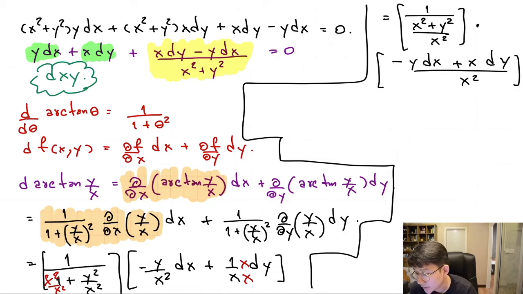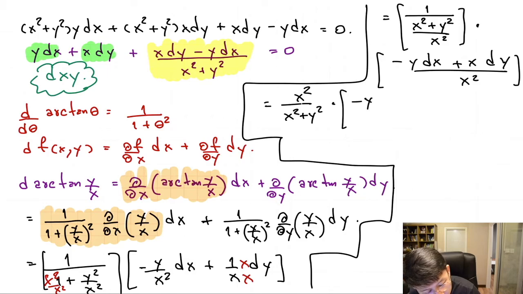And that is the same as x squared divided by (x squared plus y squared) times (minus y dx plus x dy) divided by x squared, and this got cancelled out.